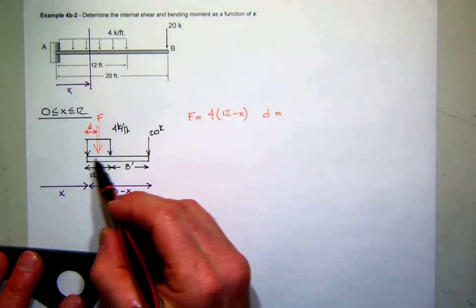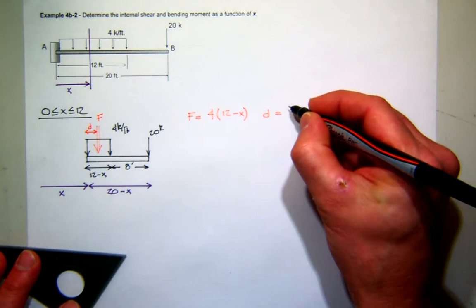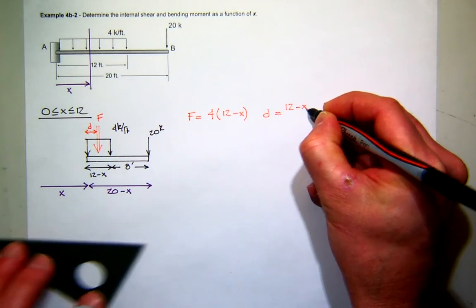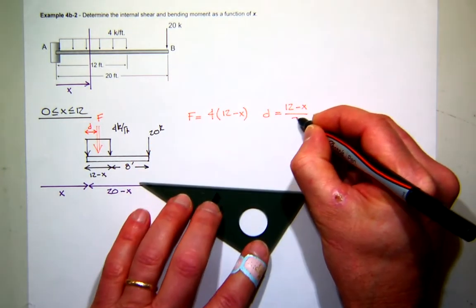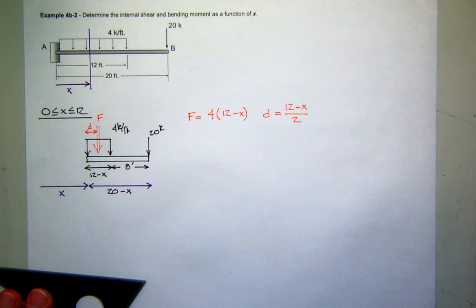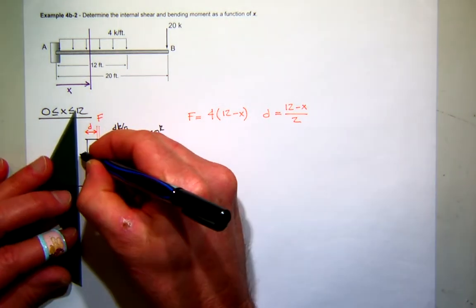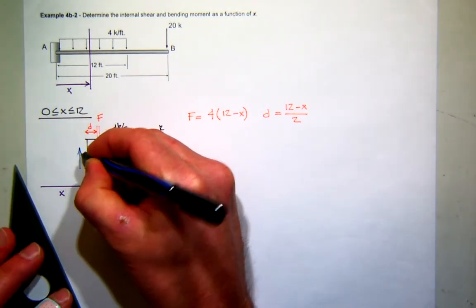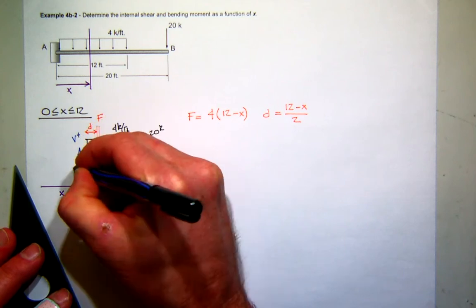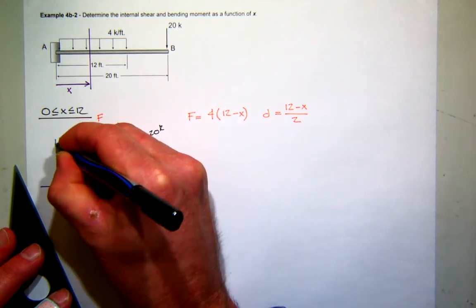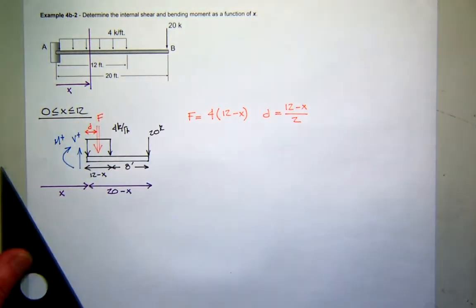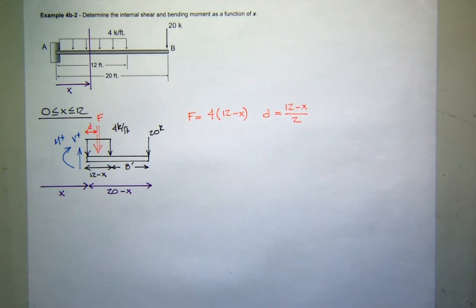Well, it's half the base, right? So that's going to be 12 minus x over 2. At the cut surface, I have positive shear force and positive bending moment. So I think that's everything on my free body diagram.